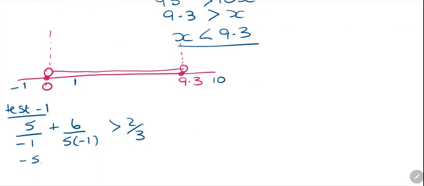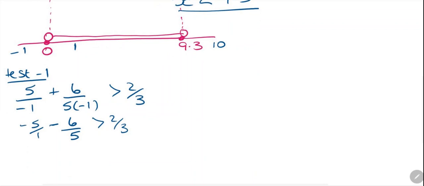So -5 over, leave it as 5 over 1. Plus 6 over minus, so this plus is going to become a minus. So this is a minus. 5 times -1 is 5. And then we want to see if this is greater than 2/3.